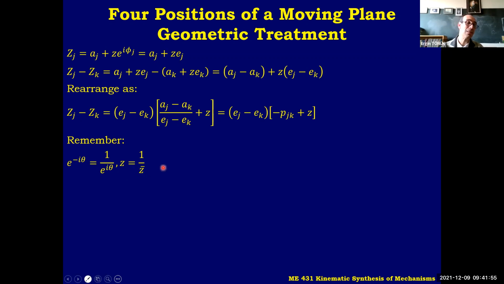So that's another interesting property of complex numbers. Its complex conjugate is reciprocal of it, okay? So what I'm going to do is, by using this property, I will also write Zj conjugate minus Zk conjugate that I had in my previous equation like this.